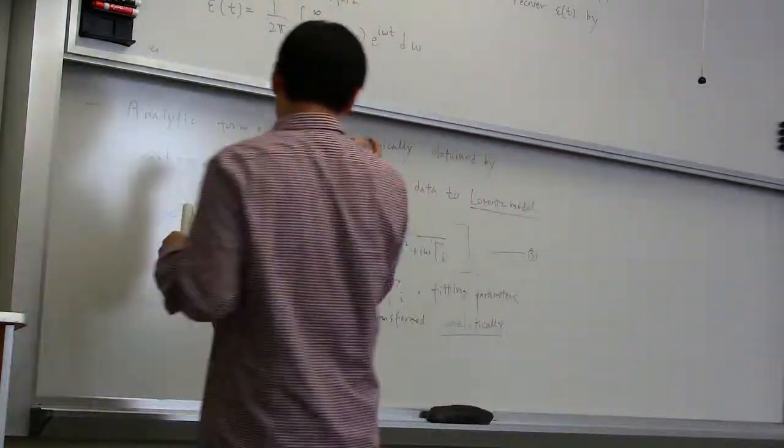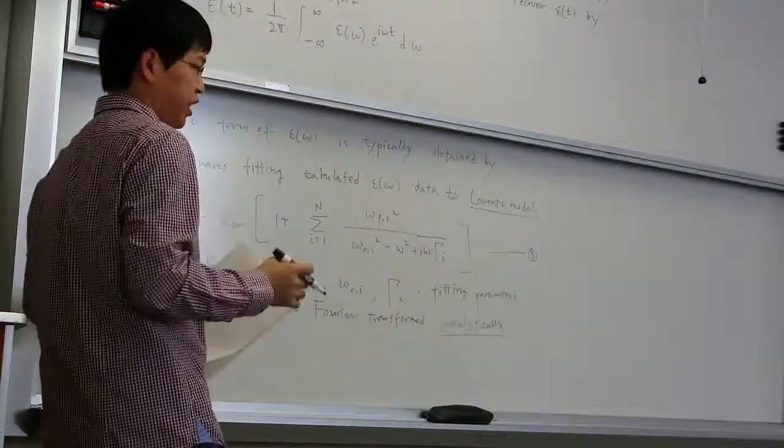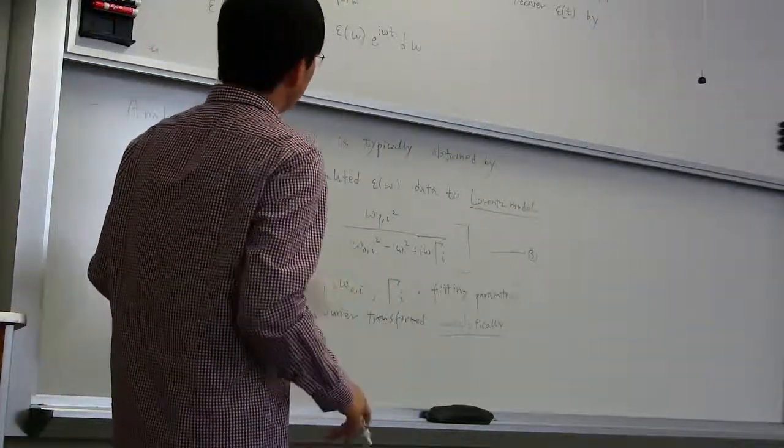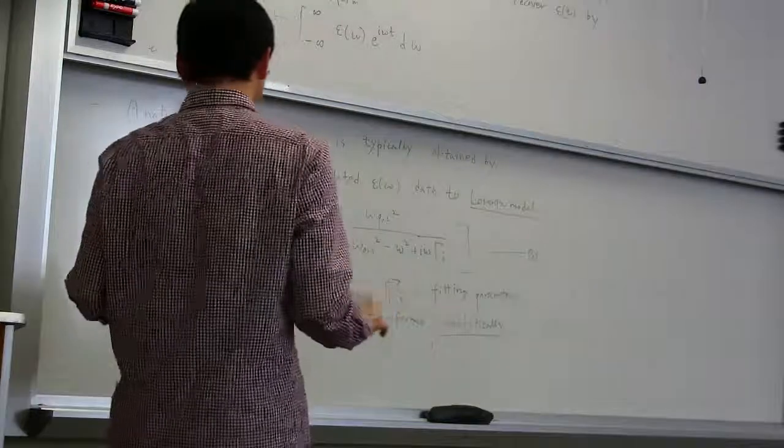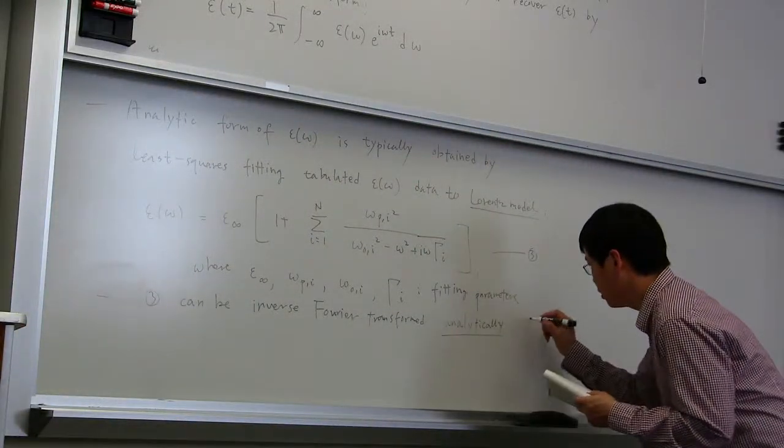This Lorentz model can be inverse Fourier transformed analytically, and then you can evaluate epsilon as a function of time.